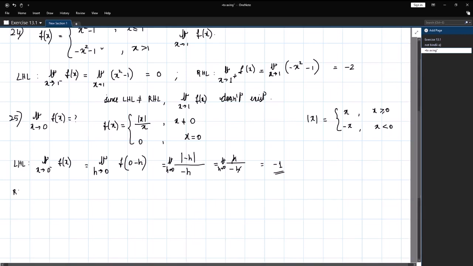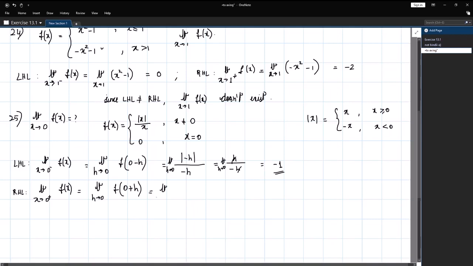So the right hand limit is limit x tends to 0 plus of f of x, which is equal to limit h tending to 0 of f of 0 plus h. It means that we are approaching 0 from the right hand side, so here h is positive.